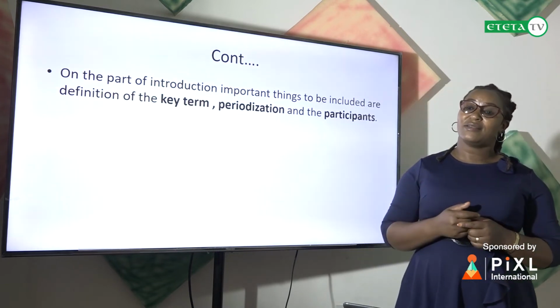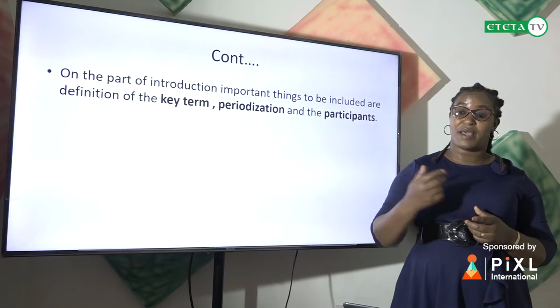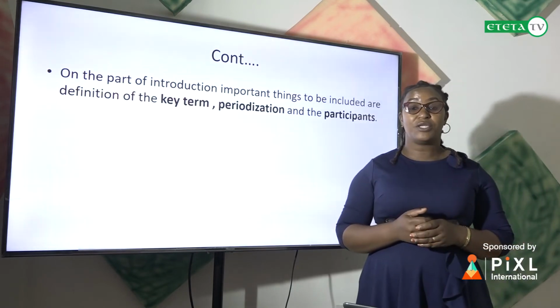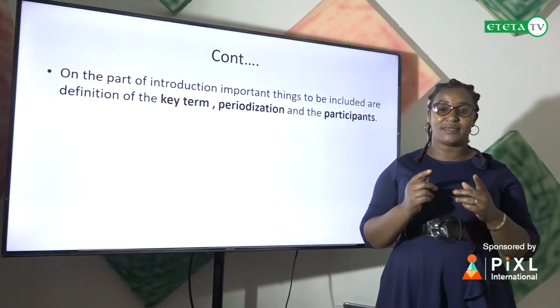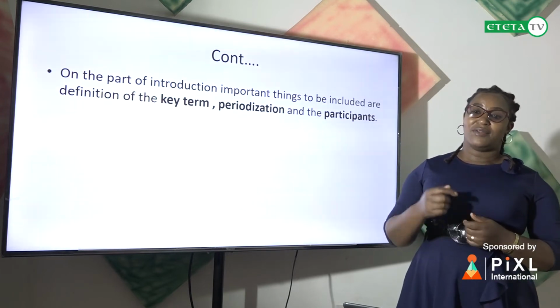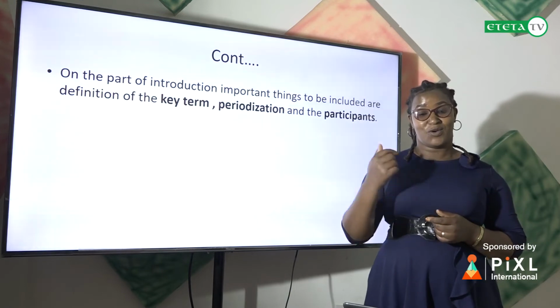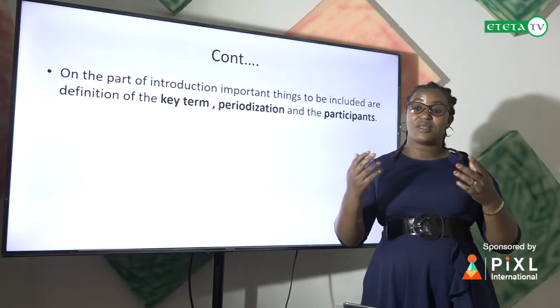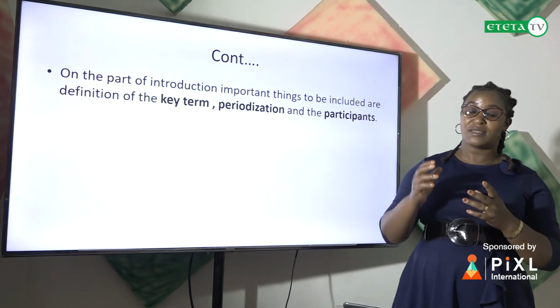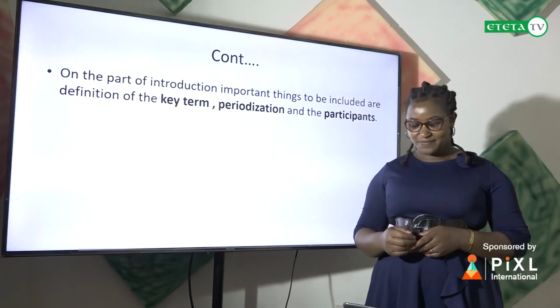The second thing is periodization, whereby our periodization here is the 19th century. And the third part under the introduction should be the participants, which here are the colonialists and the Africans.